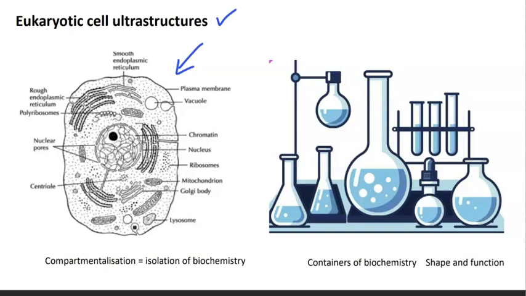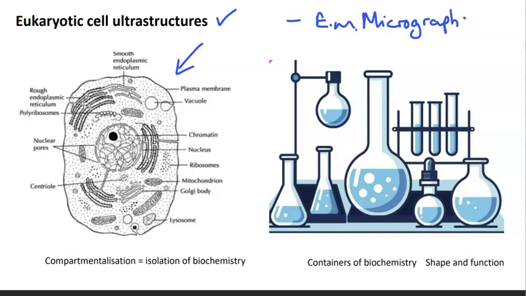However, what we do need to be able to do is to recognize these features as shown in the diagram here, but from the real images produced from electron microscopes, called electron micrographs. So the student is expected to be able to identify organelles from electron micrographs. And so we'll practice that as we go through these next 3 videos.